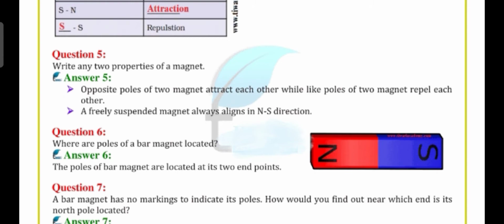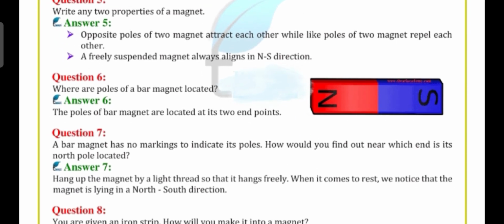Then the second property: a freely suspended magnet always aligns in the north-south direction. So every magnet will align in a north-south direction. So those are the two properties of a magnet.